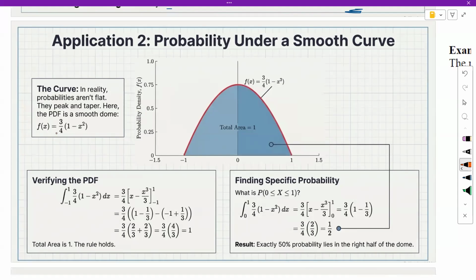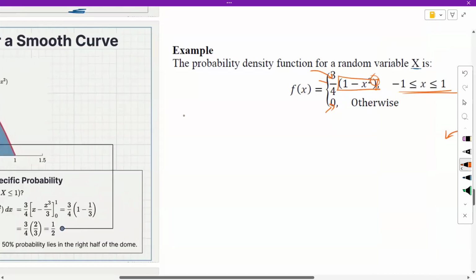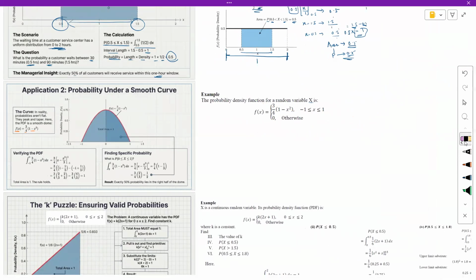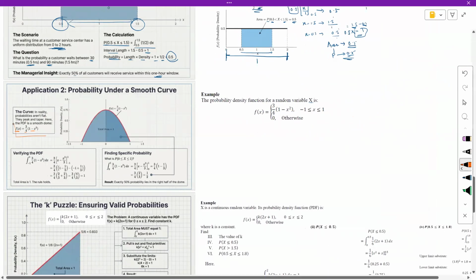This function is 3/4 times (1 minus x square). You can see the function is given here. f(x) is this, and its range is -1 to +1.